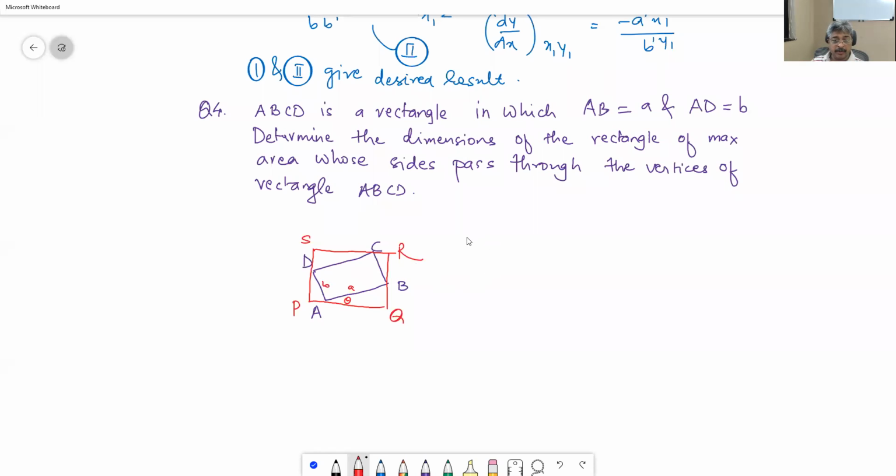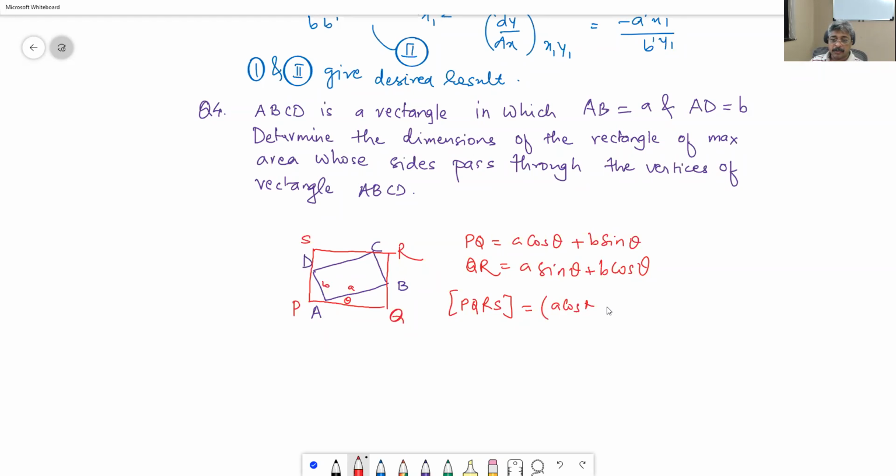Let me quickly write down PQ is equal to a cos theta plus b sin theta. QR is equal to a sin theta plus b cos theta. Therefore, area of rectangle PQRS is equal to product of these two.